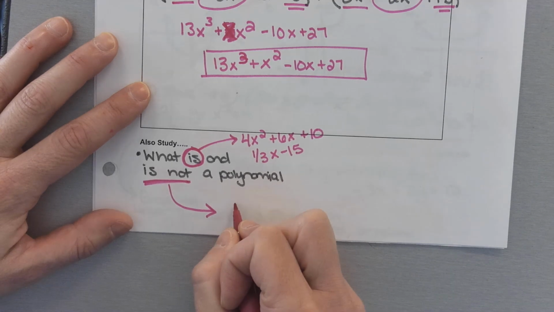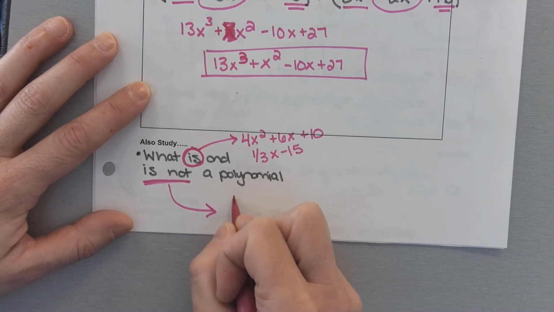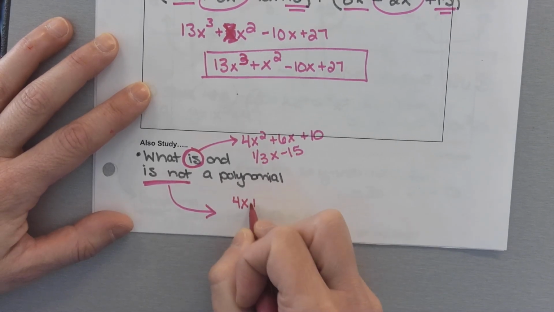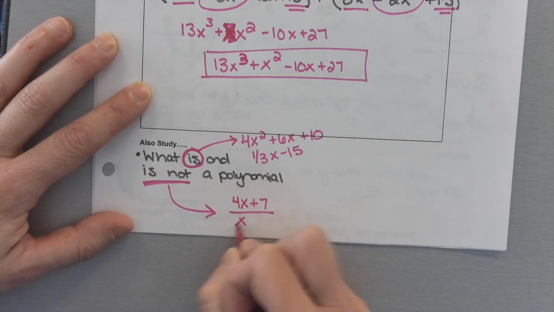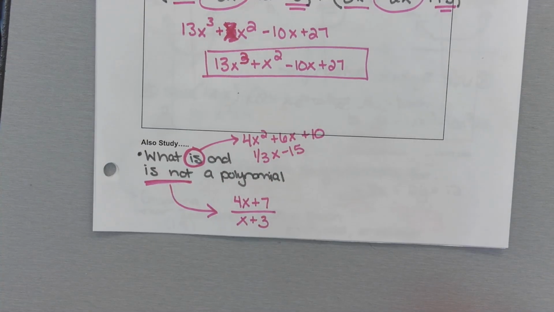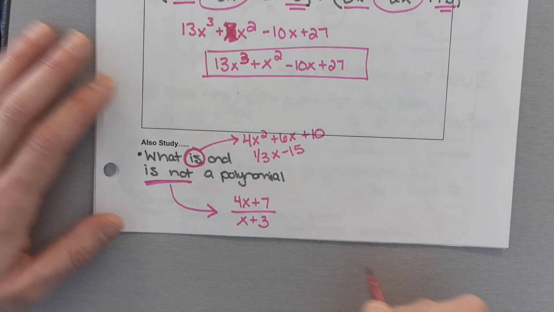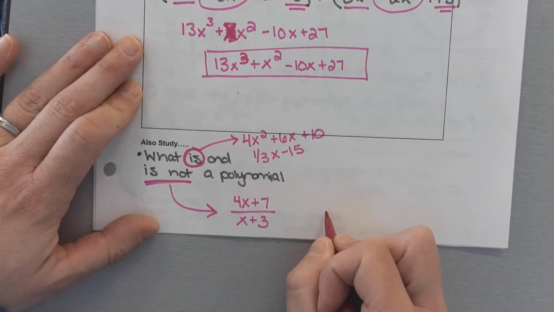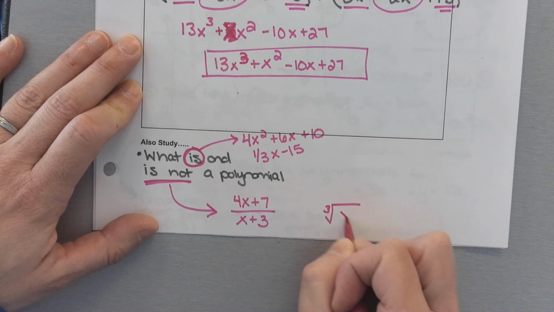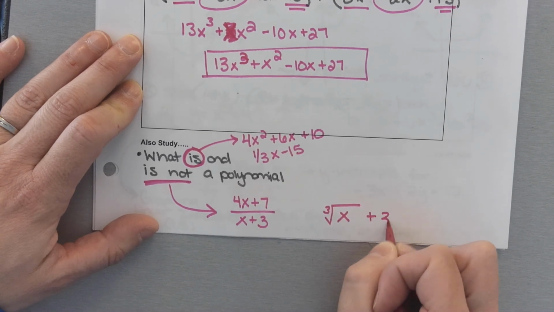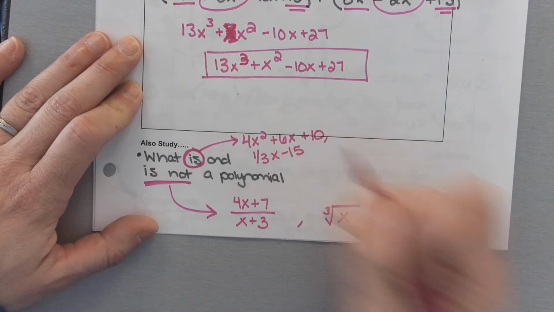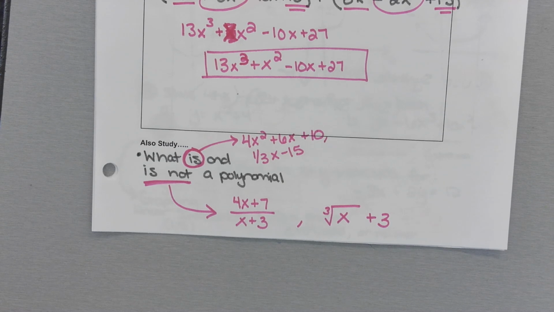That is when you have x in the denominator. So if you have x in the denominator, that's not okay. What else isn't okay? If you have a root of some sort and x is under said root. So these are things that would not be polynomial.